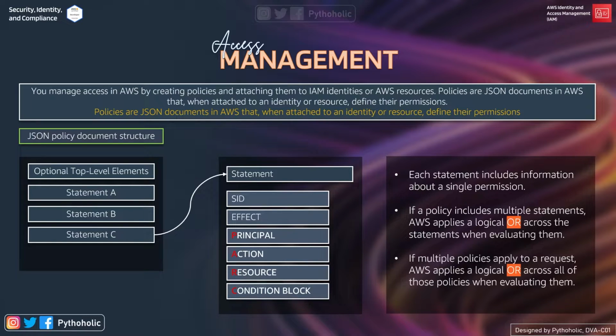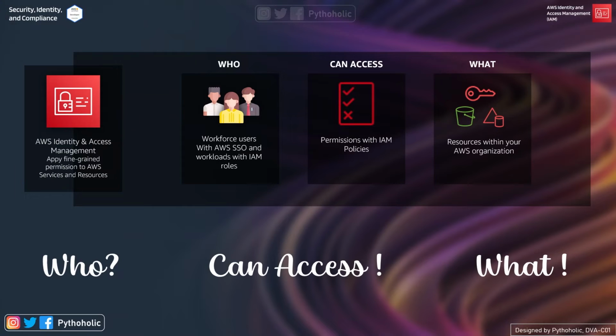But before moving forward, we need to watch this segment again. Do you now understand who can access what? Who is the identity? Who can access is determined by using your IAM policies.